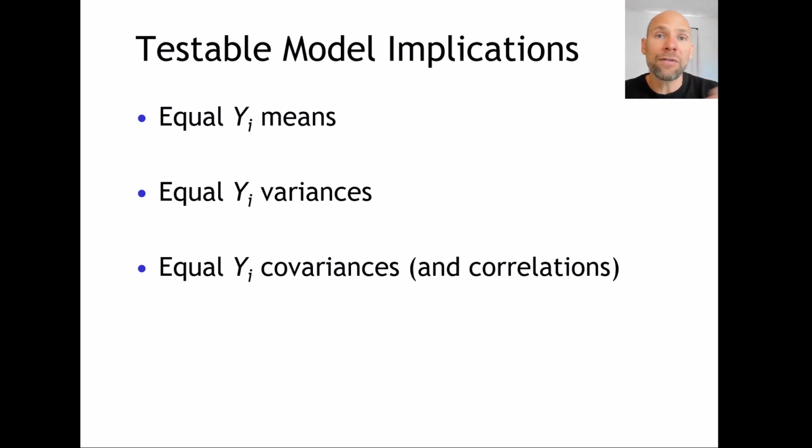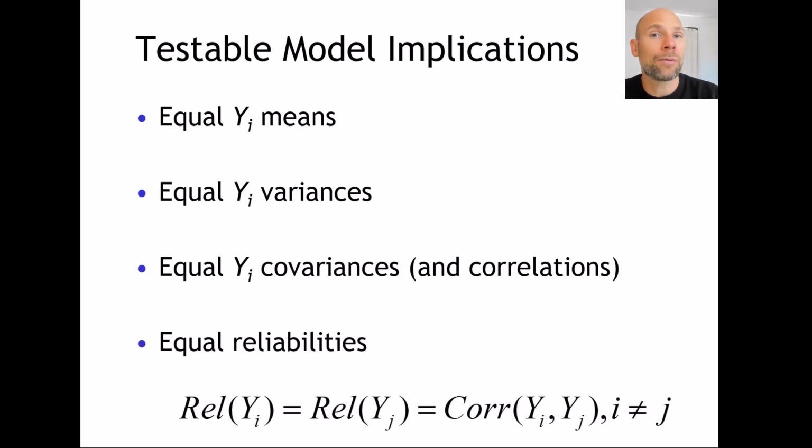But if you had 3 variables, y1, y2, and y3, then you would have 3 covariances, and they would all have to be equal for the model to be adequate for your data. So that would constitute another testable restriction with 3 or more variables. And then also, since the variances in the model are implied to be equal, also the correlations have to be equal if the covariances are equal and the variances are equal. And that leads to a very nice simplifying feature of the strictly parallel model, and that is that the model also implies equal reliabilities.